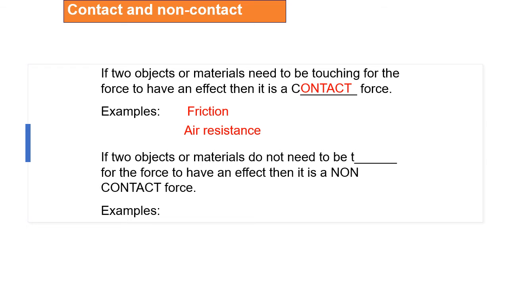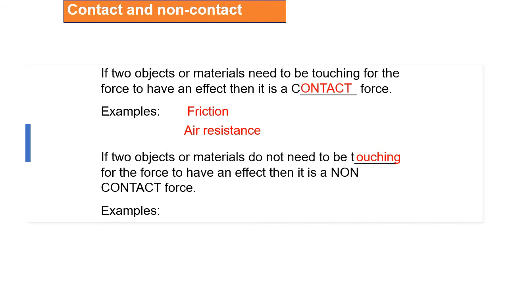Similarly, if the two objects or materials do not need to be in touch, then what they have is a non-contact force. I have already given you an example for non-contact force just now, which is gravity. Like that, think about a magnet and a magnetic material. When you take a magnet closer to a magnetic material, you can see the effect, can't you?